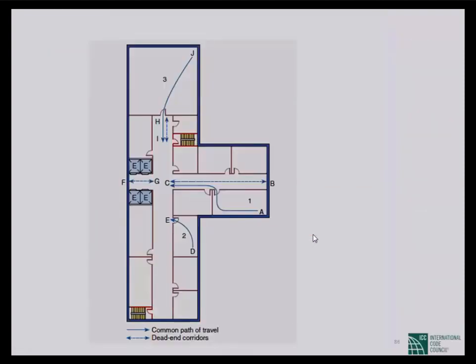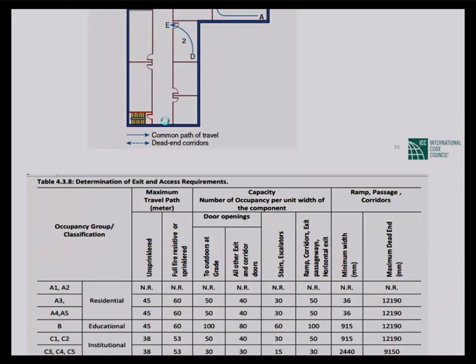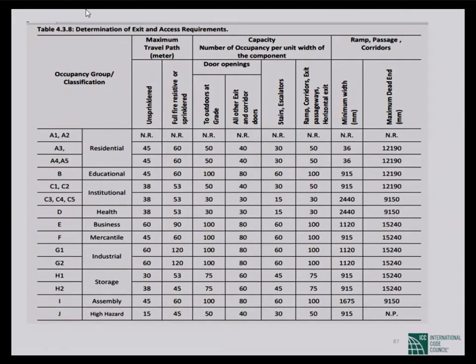So there is some restriction of travel path. You can see here another parameter is the common travel path. There is some common area, so there is some restriction on the common path also. So there is a table. You can see how much you have to travel depends on the type of occupancy; it varies.